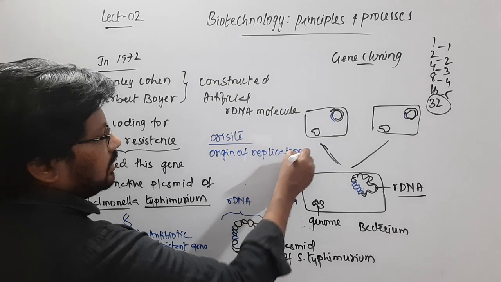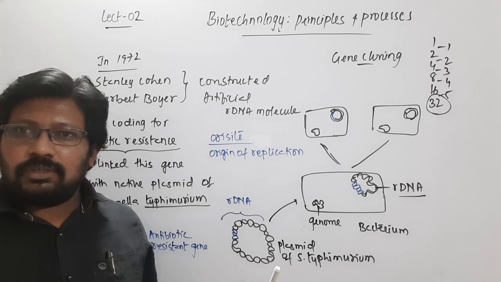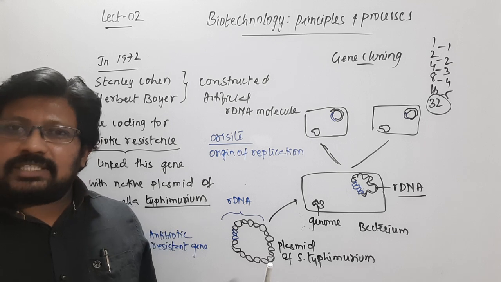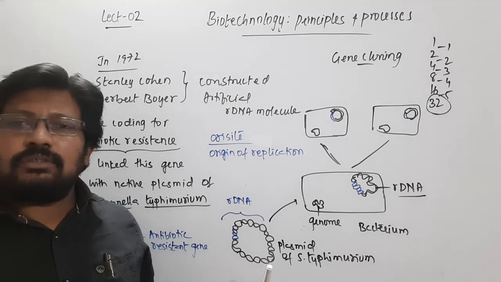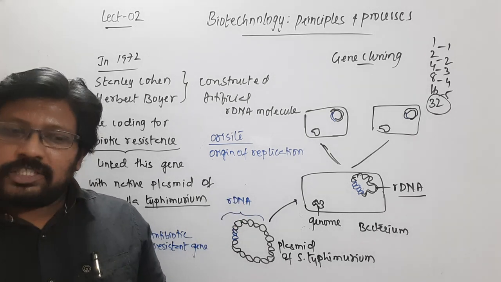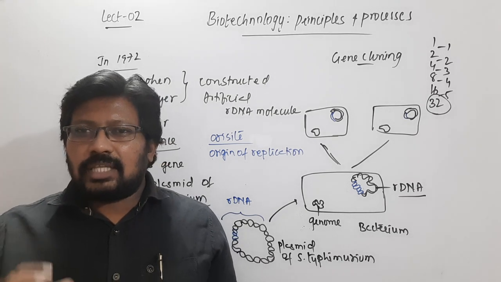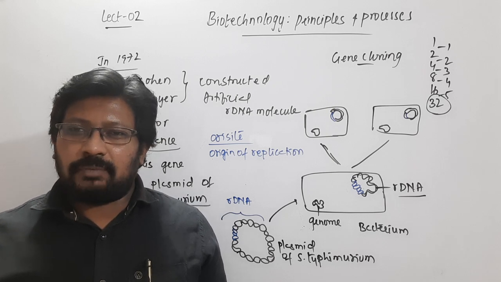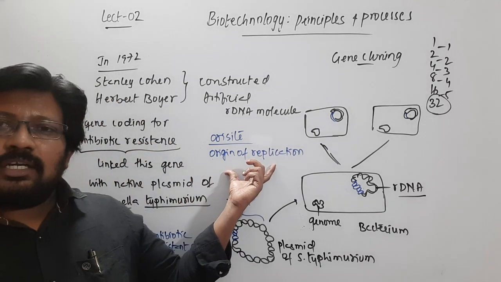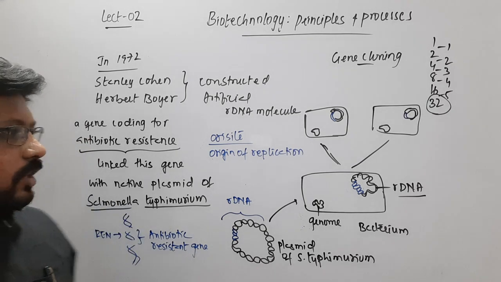Without this, these plasmids or any other DNA molecule, even if you have linked foreign DNA with it, will not multiply if it doesn't have the ORI site. We know this origin of replication has specific base sequences that are identified by polymerase enzymes, and after identifying it, those enzymes help in replicating the DNA molecule and making copies of it.